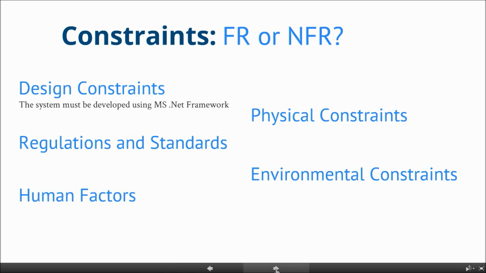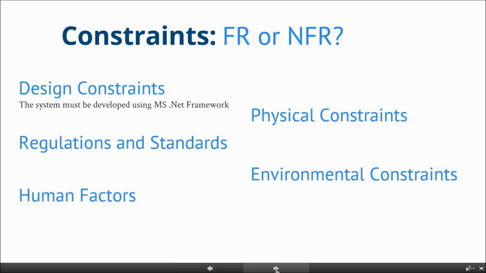So a design constraint might be something like this: a system must be developed using the Microsoft .NET framework. If you're familiar with it, it's kind of like two rival high schools or rival colleges. Java and .NET are rivals of each other.